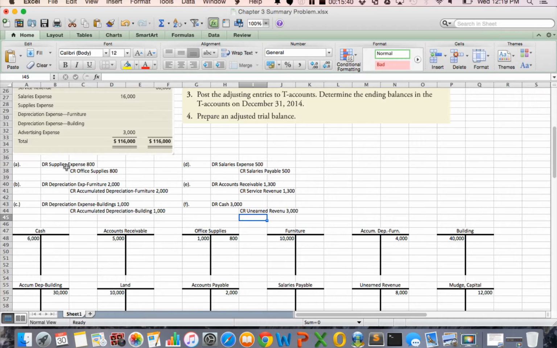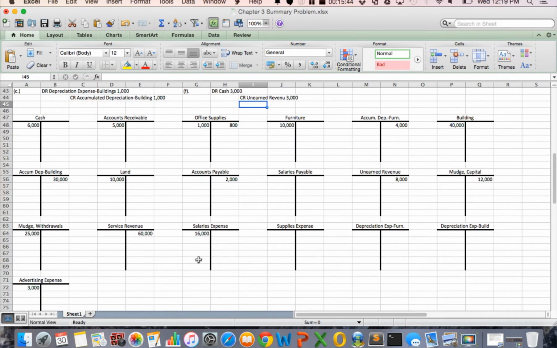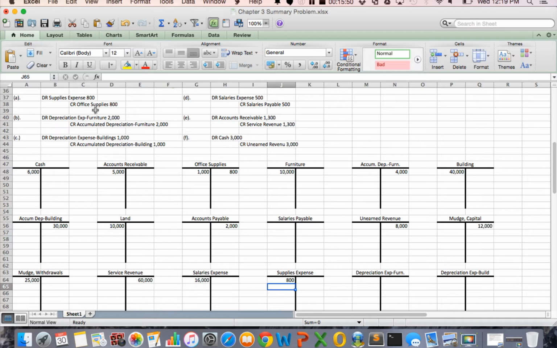So for A, I have a debit to supplies expense for $800. Debit just means put it on the left side. Supplies expense, $800. Credit to office supplies, $800. I've already put that in there. So A is done. B, debit to depreciation expense, $2,000 for furniture.